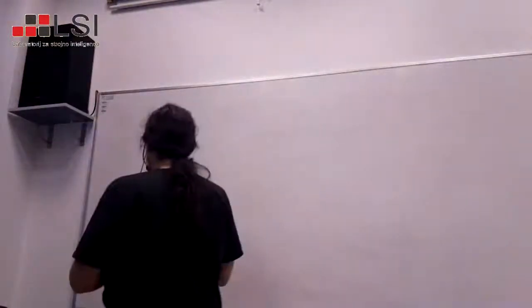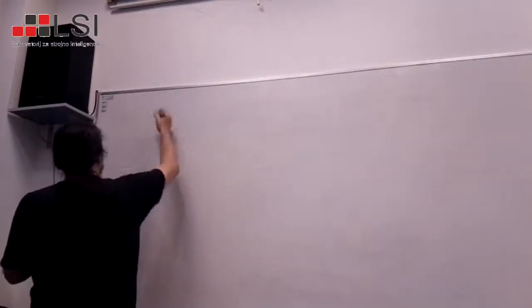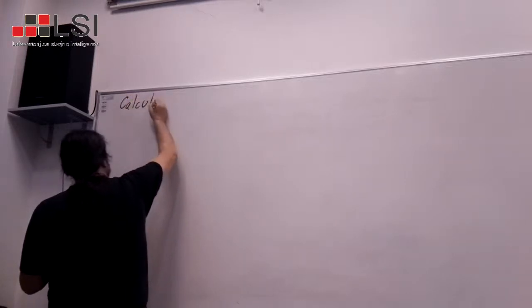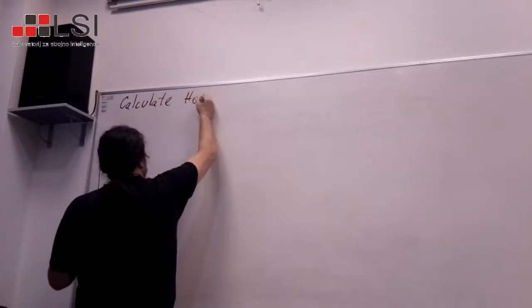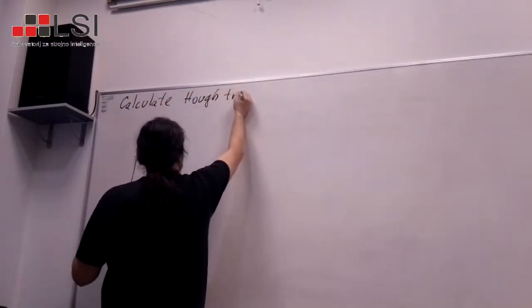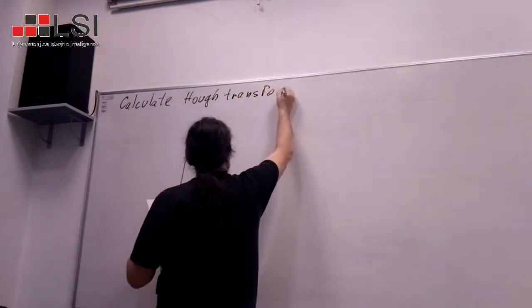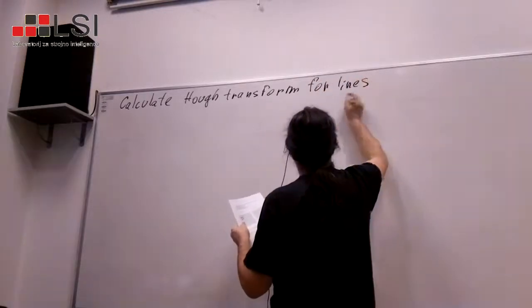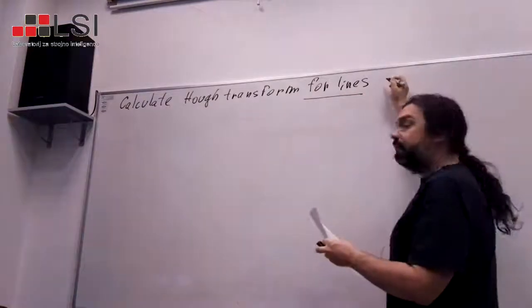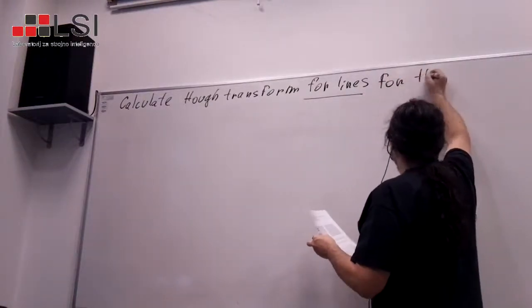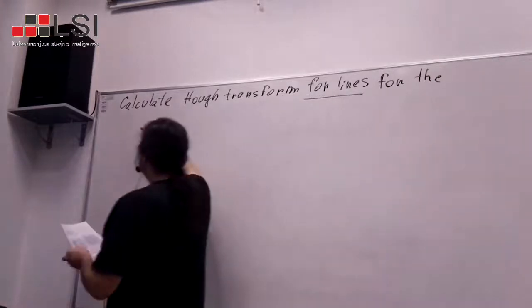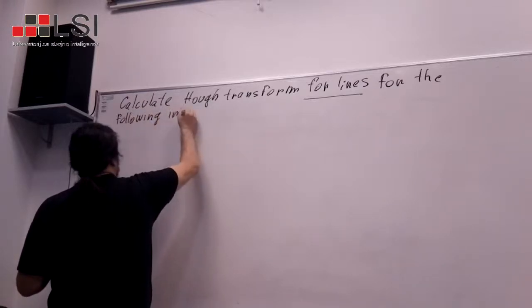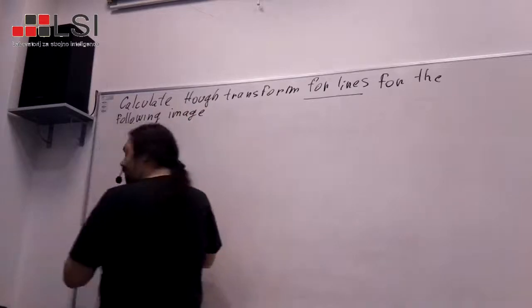So: calculate the Hough transform for lines for the following binary image.